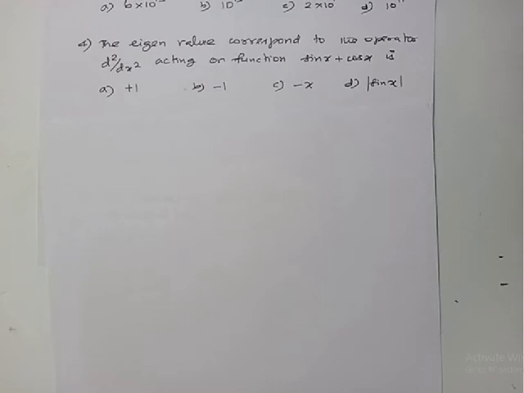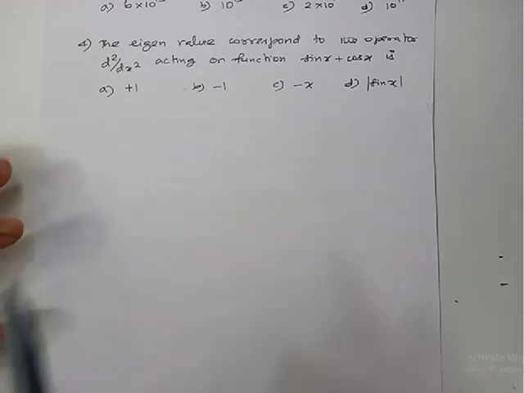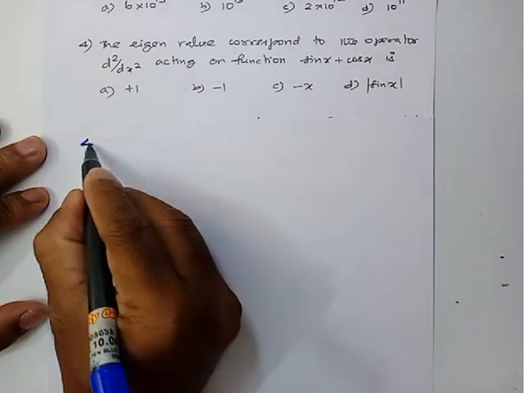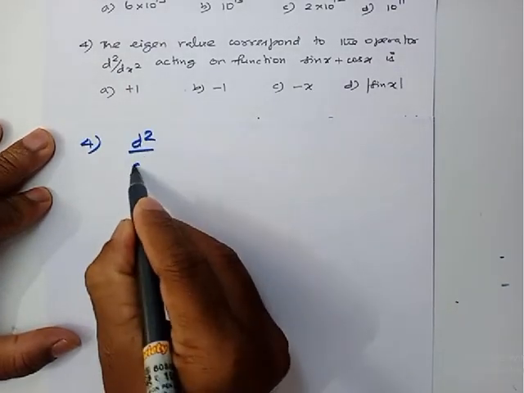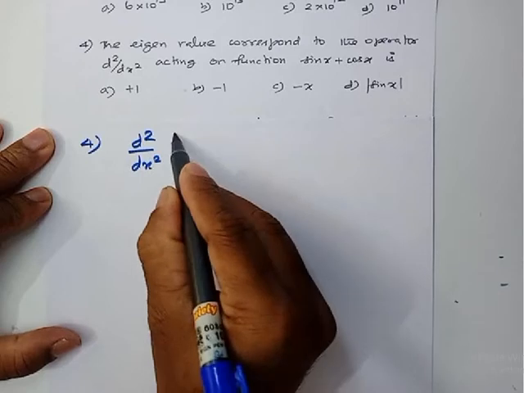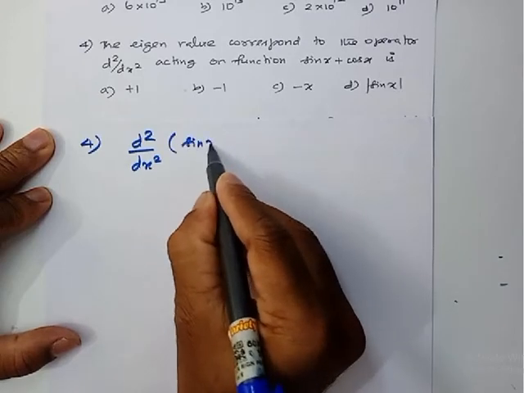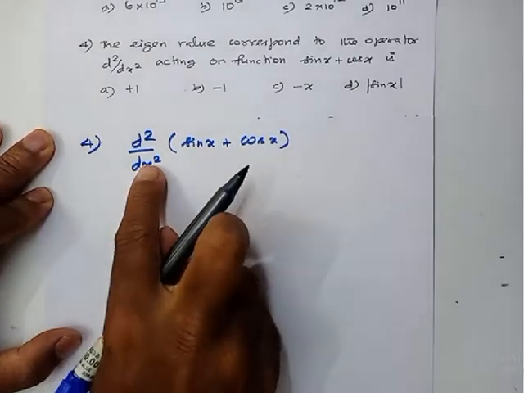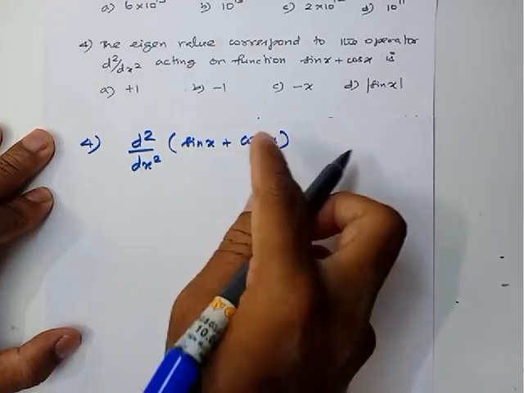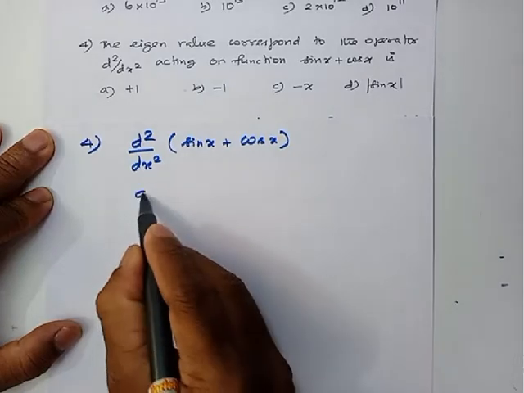Okay, let me do this. So question number 4. The operator given is d square by dx square, and the function given is sin x plus cos x. So we have to differentiate this function 2 times, that's all, right? I'll differentiate once.